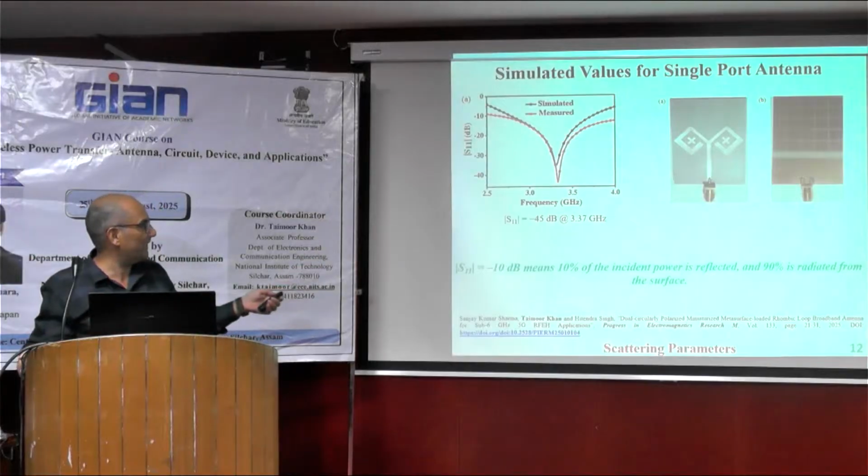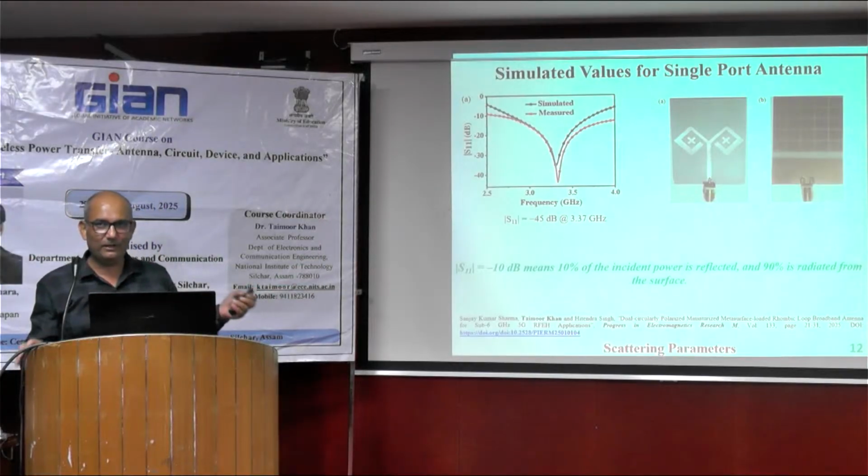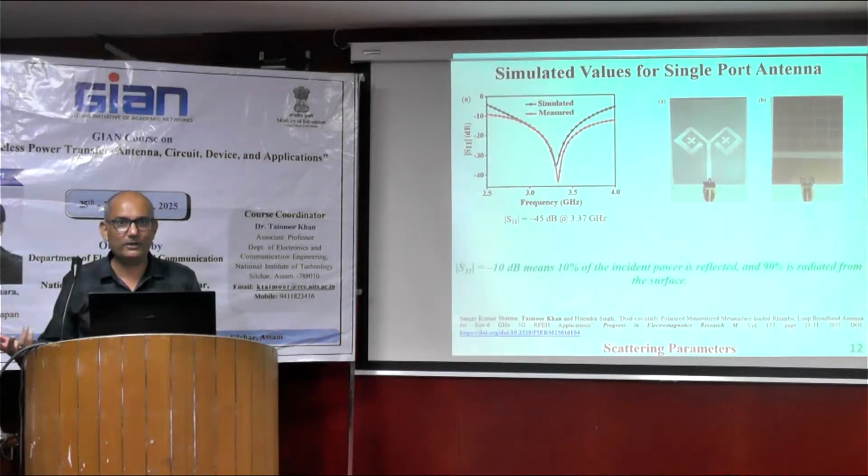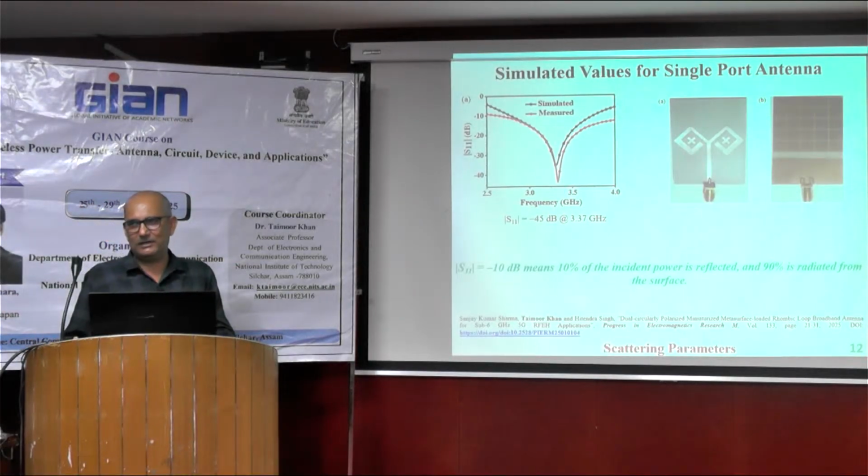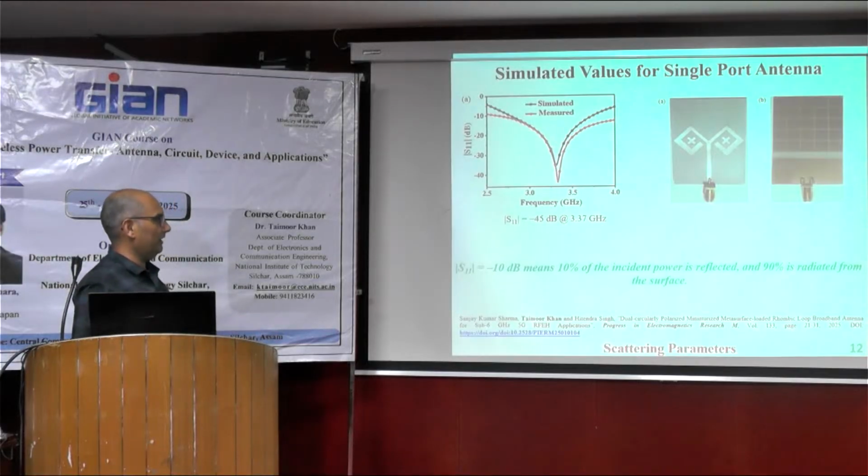Minus 30 dB to minus 40 dB looks like minus 10 dB, but in linear scale it will be very small. That is the beauty of dB representation that we always prefer in all electromagnetic problems.